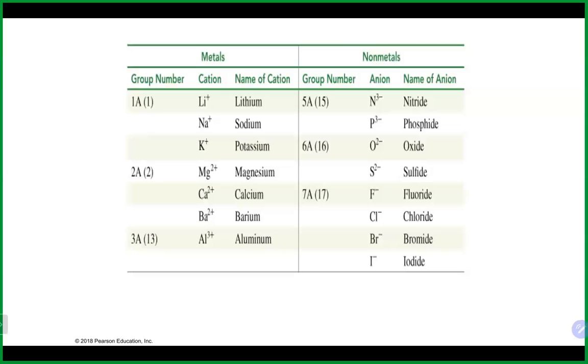So how do we go about naming just positive ions, which are cations by themselves, or anions by themselves? Well, positive cations are pretty easy to name. We just use the whole name. So as we can see here, that is Na+, which is the sodium ion. That is Li+, which is the lithium ion.